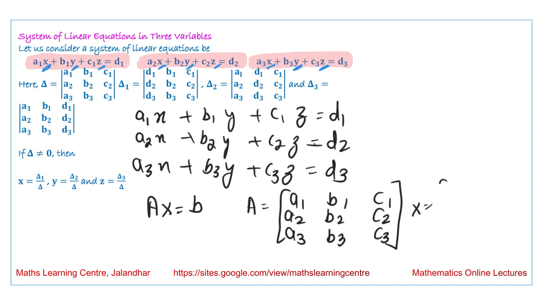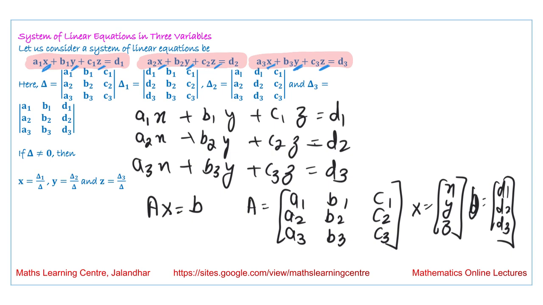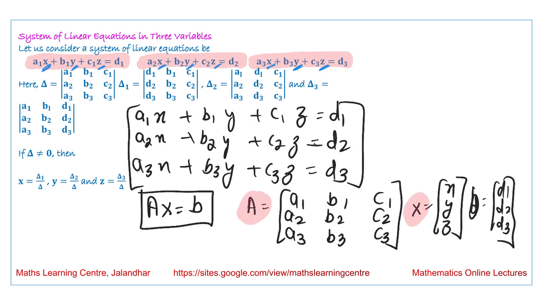X is the matrix x y z, and B is the matrix d1 d2 and d3. So writing these 3 equations is equivalent to writing the equation AX is equal to B, where A, X and B are these matrices.